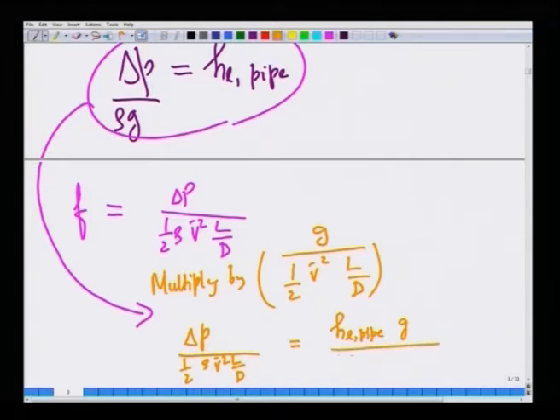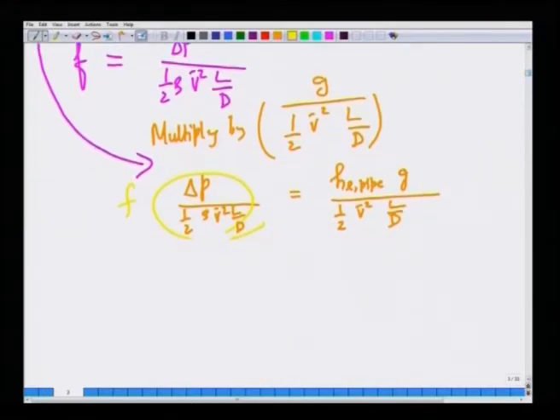On the right side, I will get HL pipe divided by half V squared L by D. Since this is the Darcy friction factor f, I can write, therefore, HL is nothing but f times half V squared L by D, divided by g. So, this is the relation between the friction factor and the head loss in a pipe.